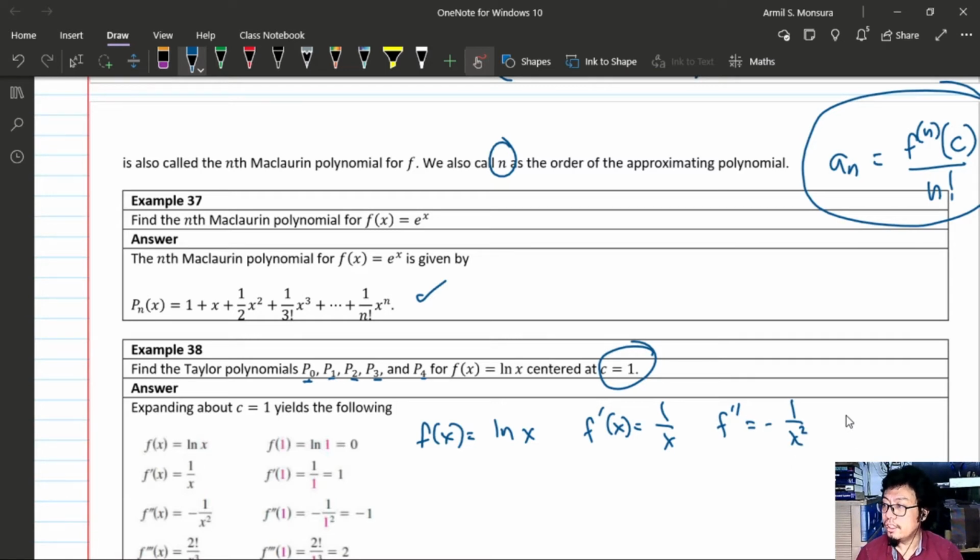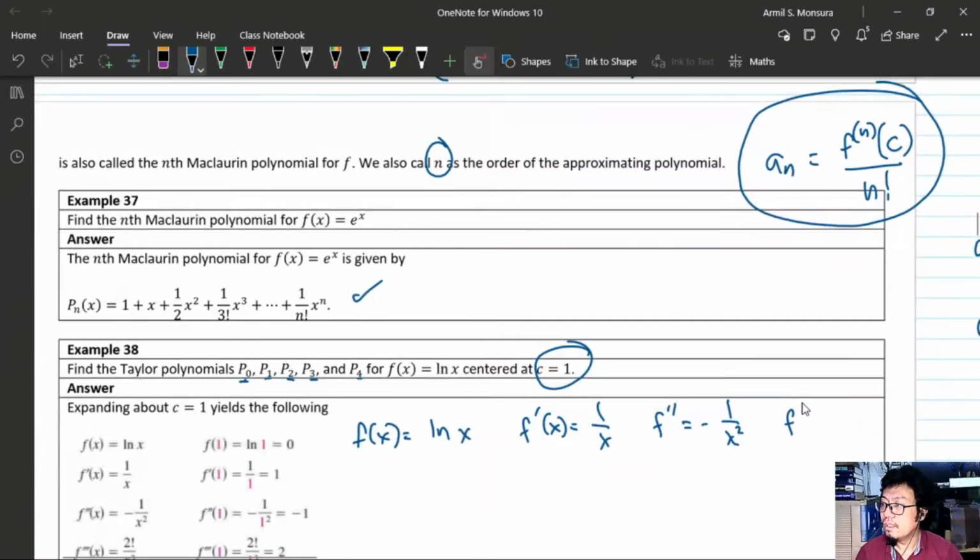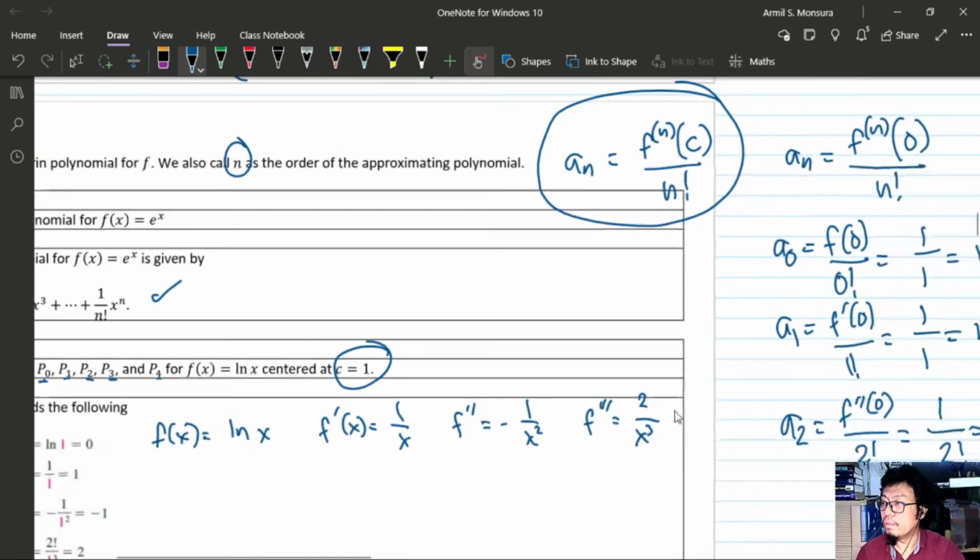Our third derivative is positive 2 over x cubed. And our fourth derivative should be negative, I think 6, that's 2 times 3, so let's write negative 6 over x raised to 4. Okay, so those are our derivatives.